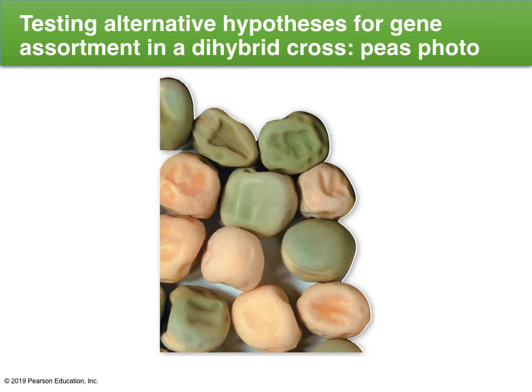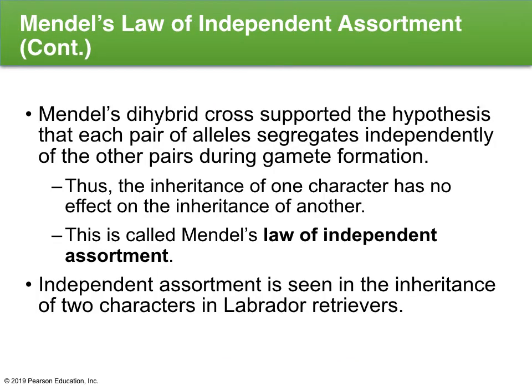All right, so Mendel's dihybrid cross supported the hypothesis that each pair of alleles, tracking 2 different characters, segregates independently of the other pairs during gamete formation. So the inheritance of one character does not control or have an effect on the inheritance of another.